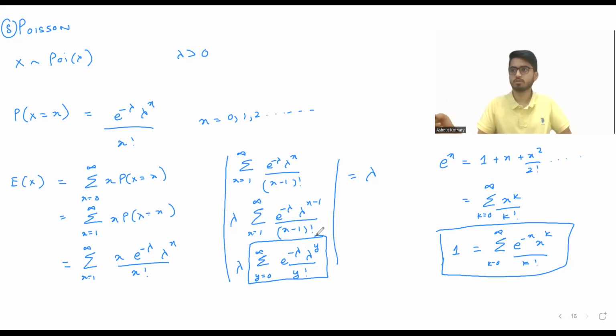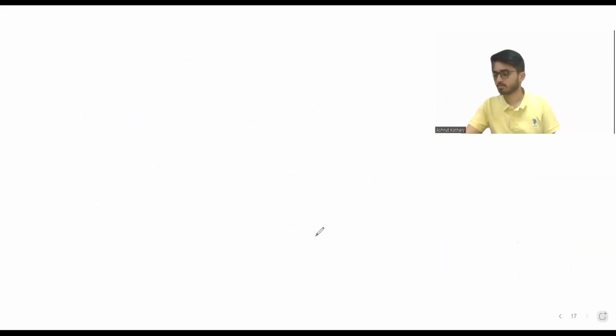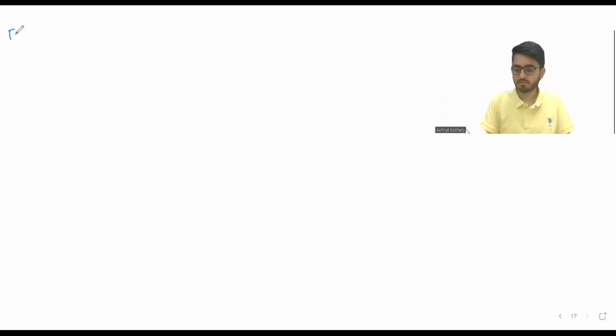I will take it down. Next, let us try to find its variance. First, we need to find expectation x square. And then we will see there is another easier way to find its variance.